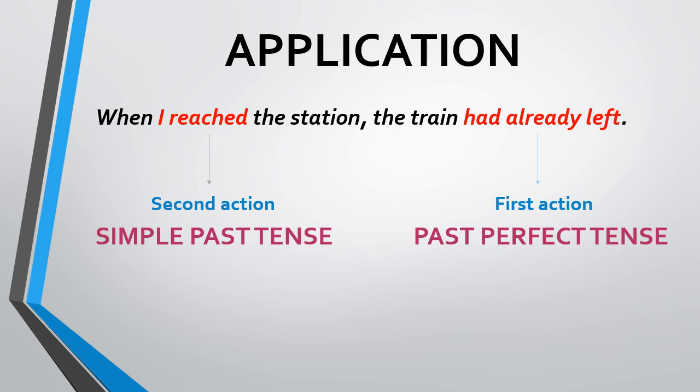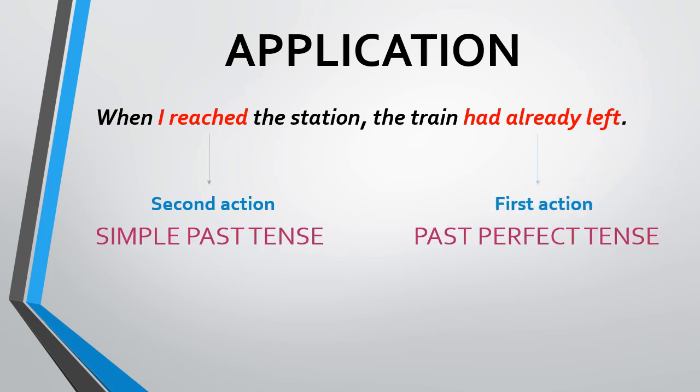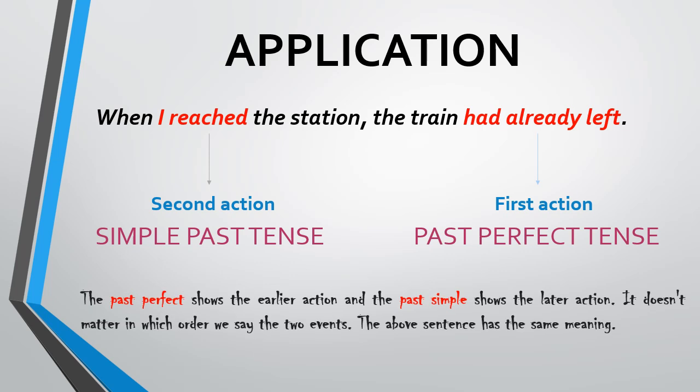Reached is in simple past tense, had already left is past perfect tense. The past perfect shows the earlier action and the past simple shows the later action. It doesn't matter in which order we say the two events, the above sentence has the same meaning.